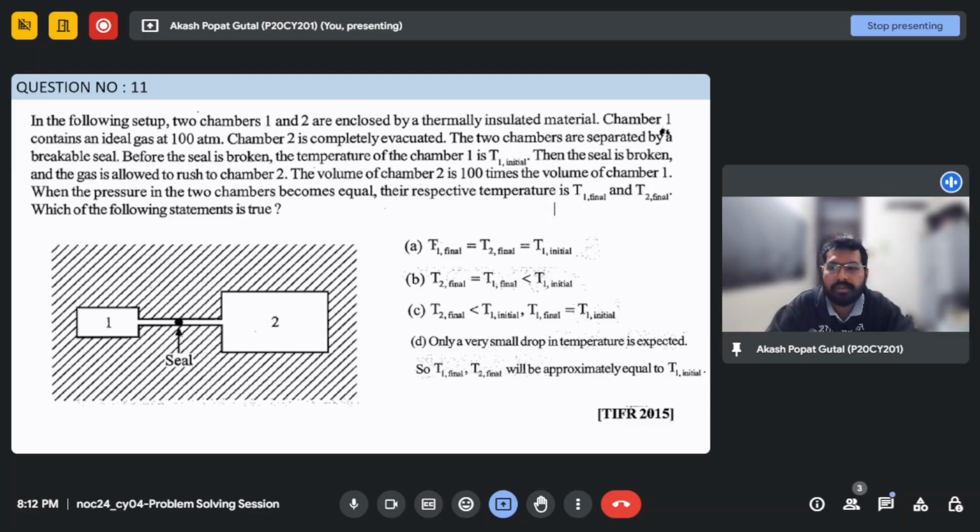Then the seal is broken and the gas is allowed to rush to chamber 2. The volume of chamber 2 is 100 times the volume of chamber 1. When the pressure in the two chambers become equal, the respective temperatures are T1 final and T2 final. Which of the following statements is true? This was asked in the TIFR 2015 exam.